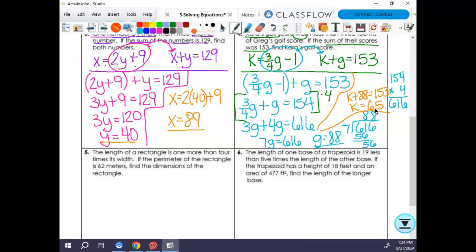What questions you got? All right. Y'all write out number 5. See if you can.